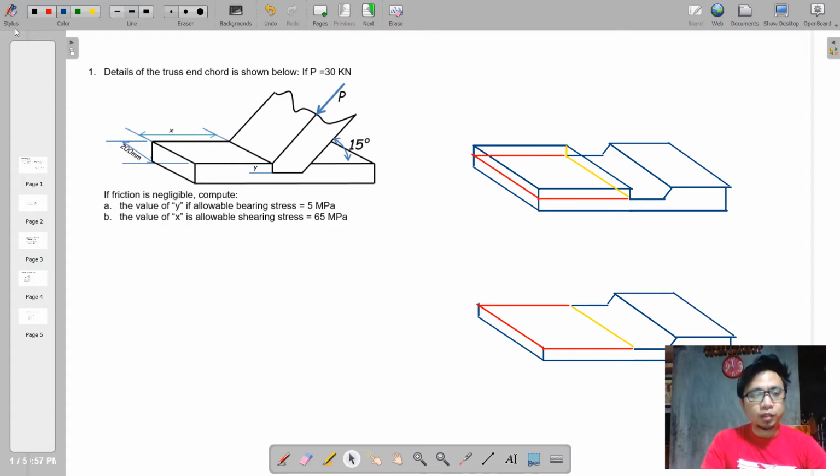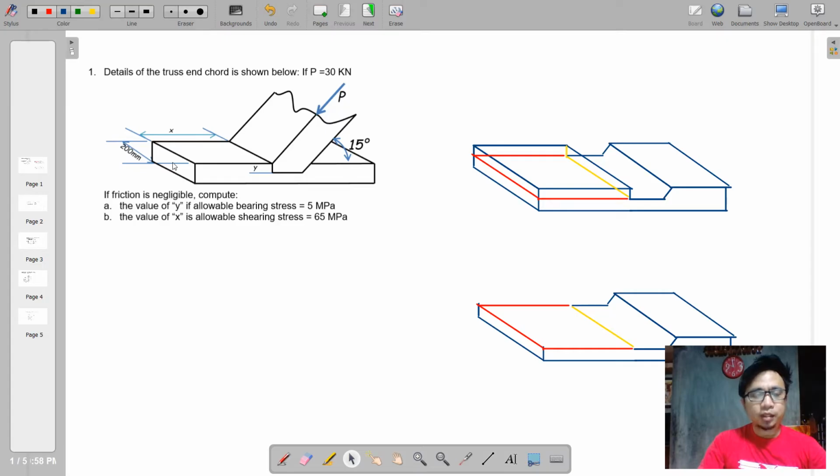Given the width of the bottom cord member, that is equivalent to 200 millimeter, we're going to determine the value of y and the value of x on the condition that the allowable bearing stress is 5 megapascal and the allowable shearing stress is 65 megapascal.